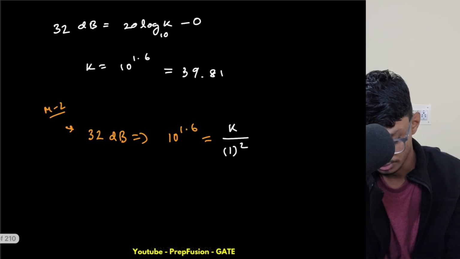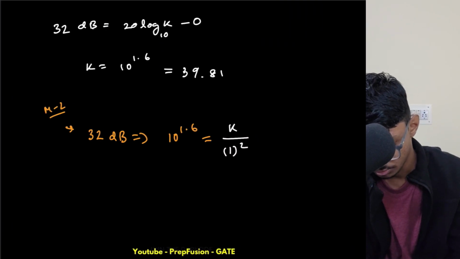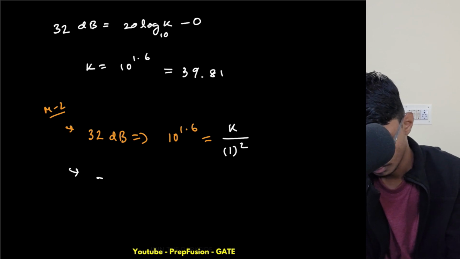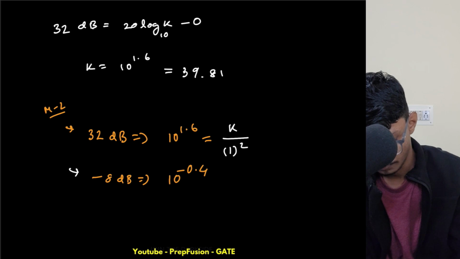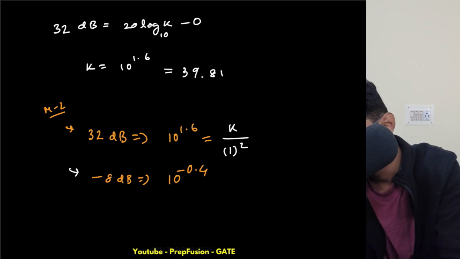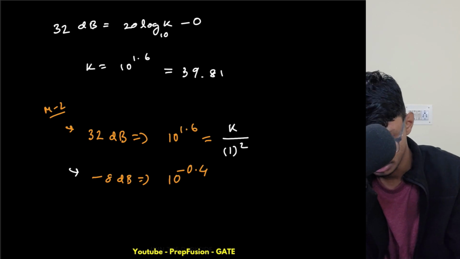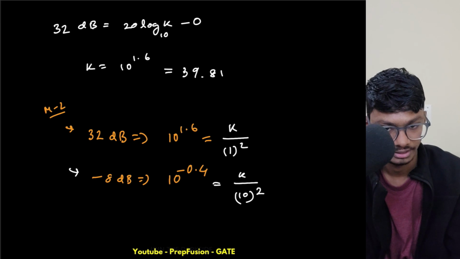You convert minus 8 dB into absolute scale. So this is 10 raised to power minus 8 divided by 20, which is minus 0.4, and you equate this with K by 10 square, because omega is 10 right now.